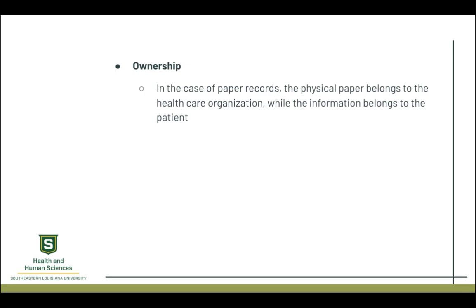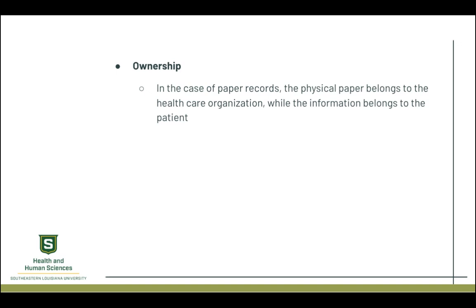And then we have what is called ownership. With healthcare, when it comes to paper records, the physical paper belongs to the organization, even though the information in it belongs to the patient. Meaning the patient cannot say, because this information is about me and belongs to me, I can take the paper out of a facility. They can't do that, because the paper itself belongs to the organization.